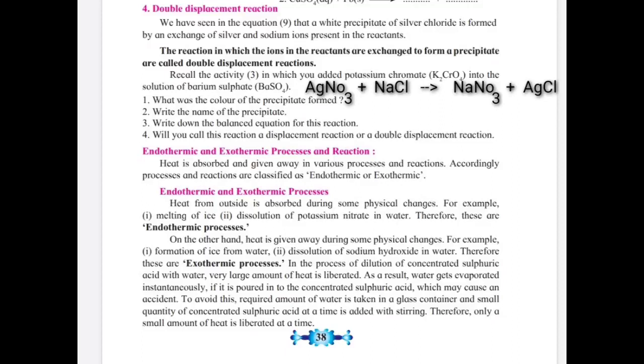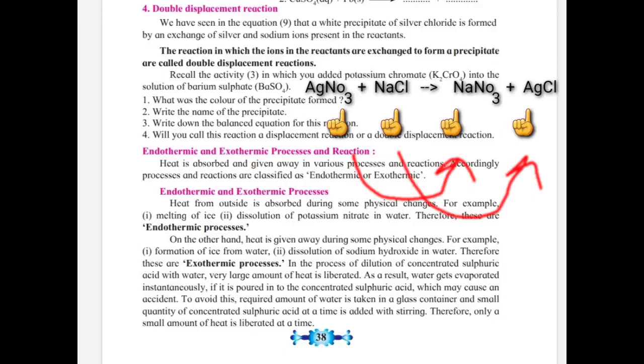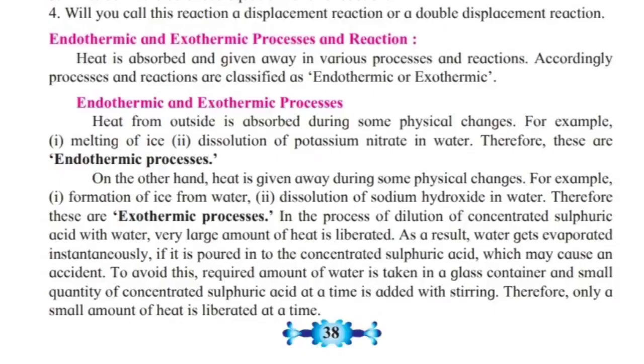In the above reaction, the ions of silver and sodium are exchanged to form silver chloride as precipitate.